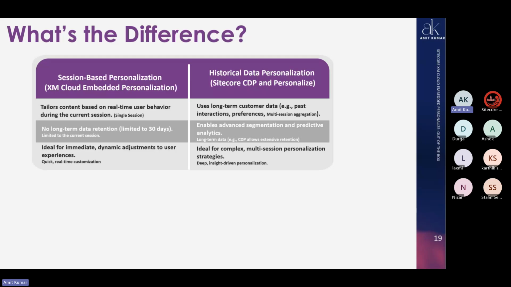That facility is not present when you don't have the full-fledged CDP, because you don't get any API endpoints where you can edit the user attributes. It's embedded with XM Cloud.